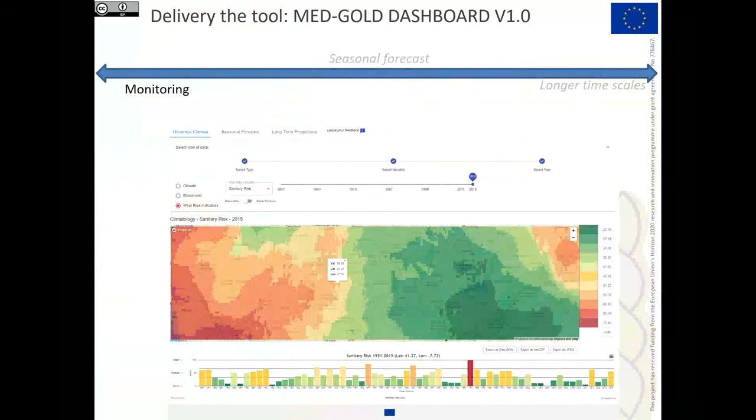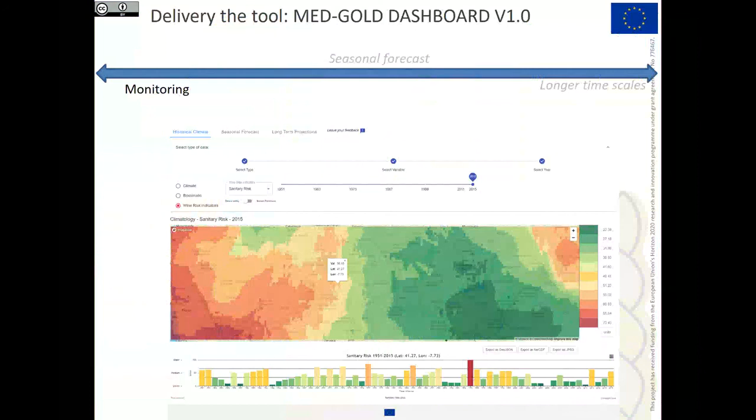in the phase of delivering the tool, and so that users can use this information, we have delivered a first release of a dashboard of MedGold, where the user can select the historical climate, or the seasonal forecast, or even the longer time scale, so considering the climate projection, and obtain information by themselves, possibly and hopefully user-friendly, and we are working on that.